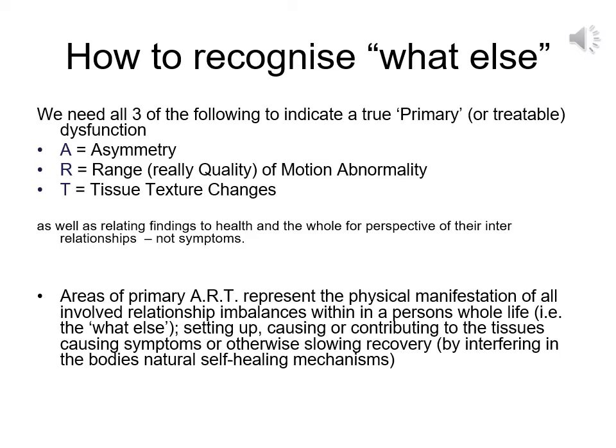So she's got asymmetry, the tissues are tight, but the tissues are doing their job. And notice she was wobbling a little bit and struggling, so her tissues were struggling to do their job. The stability was off, right? She's got two of the three. But technically, without the dysfunctional element, they're not treated.